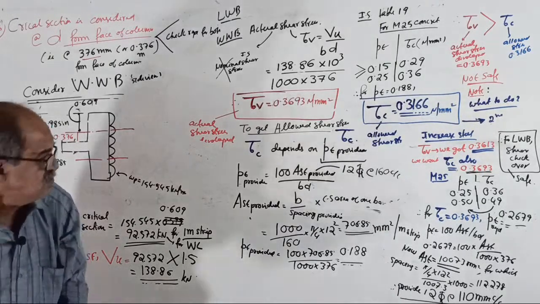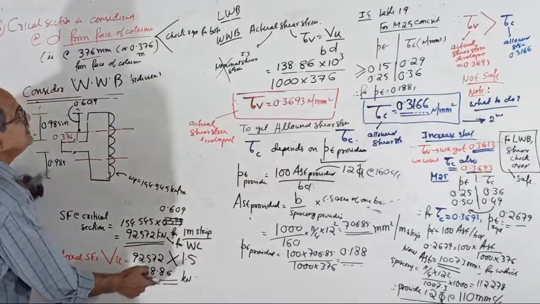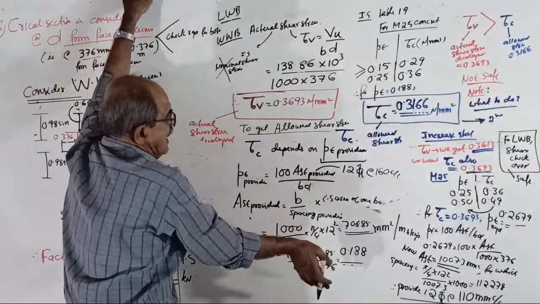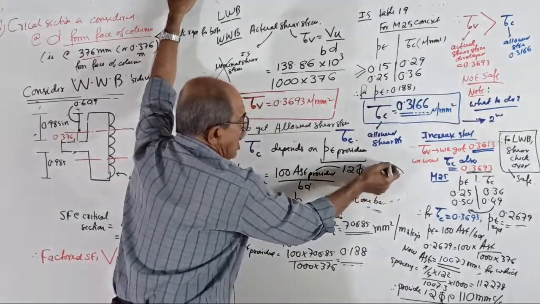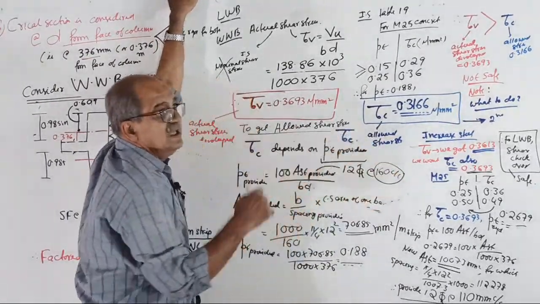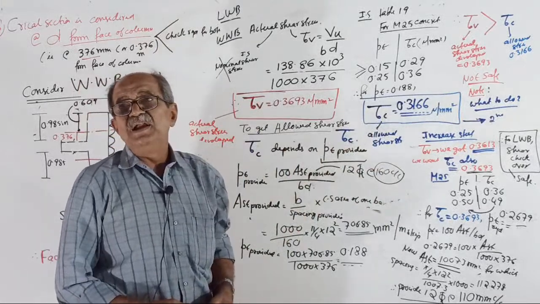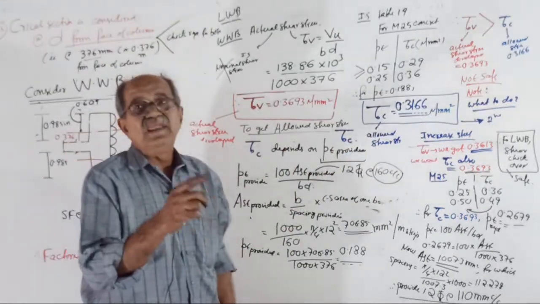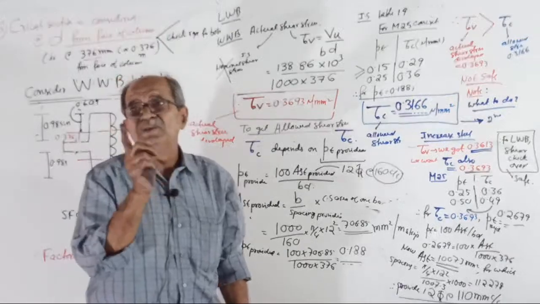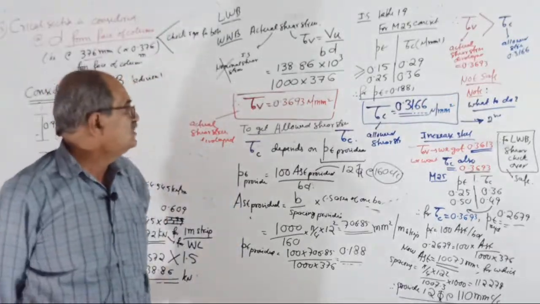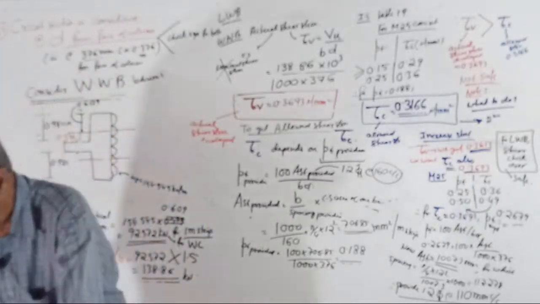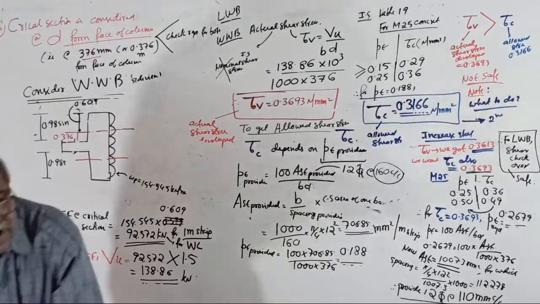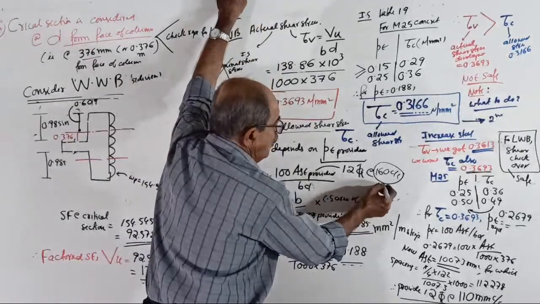Clear, okay. Now this value will change. Remember, widthwise bending we decided 12 tor, not 160. At what spacing? 150.